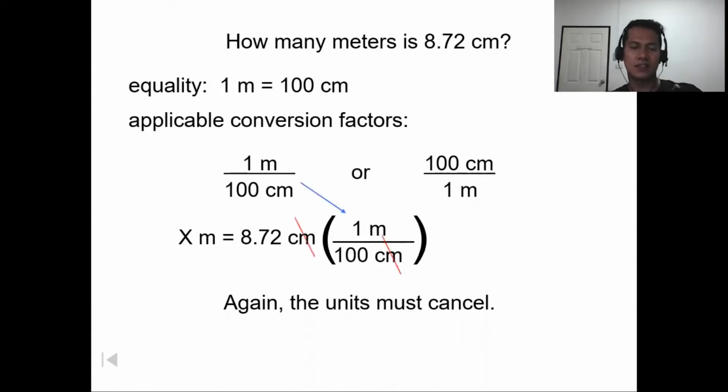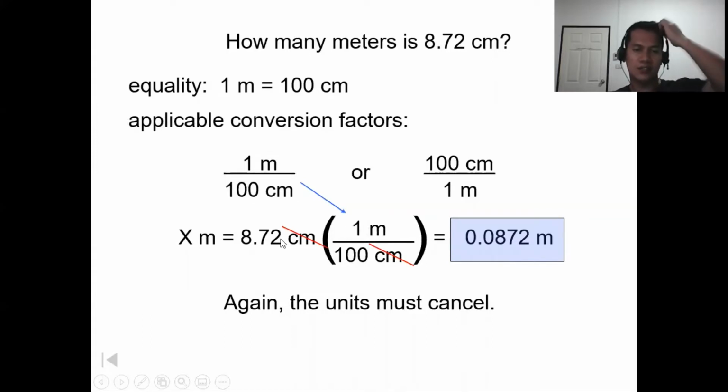Good job. Since we are trying to cancel out cm, we're looking for something in here that has the same cm. So we are going to use this conversion factor, and we will arrive at meters. That gives us the answer, and now you can multiply it.